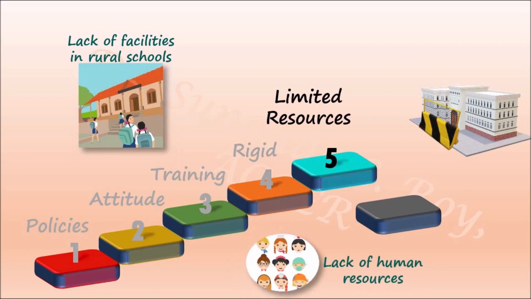Inclusive schools require different types of human resources along with support staff like nurses, counselors, doctors, psychiatrists, therapists, etc. Thus, having sophisticated resources for students with disabilities is a big challenge for such schools.